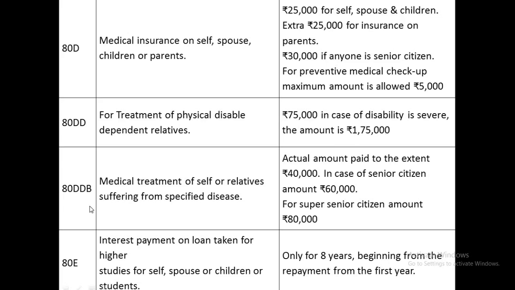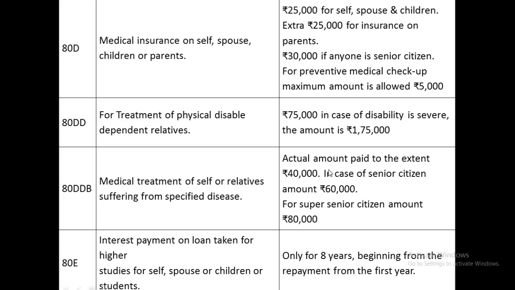Next, 80DDB, medical treatment for self or relatives suffering from specified diseases. If the assessee himself or spouse or children or parents are suffering from specified diseases notified under Rule 11DD by the income tax authorities, the assessee can claim deductions under section 80DDB.